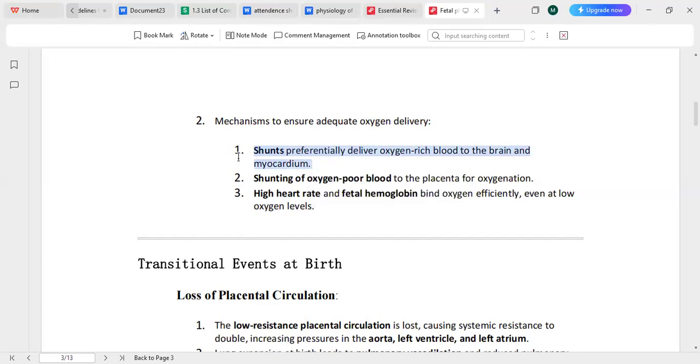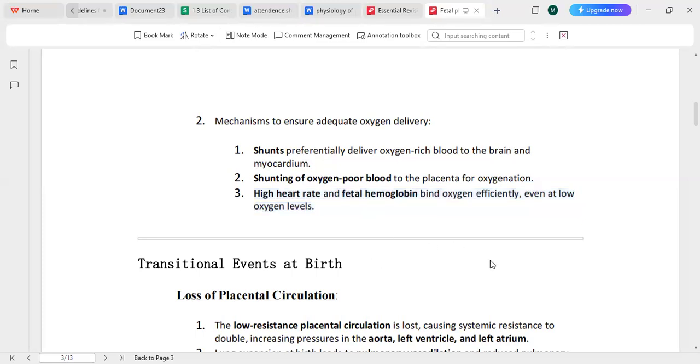One purpose of the shunt is the shunting of oxygen-poor blood to the placenta for oxygenation, along with a high heart rate and fetal hemoglobin's oxygen binding capacity. It is very efficient. Even at low oxygen levels, fetal hemoglobin has a higher capacity for catching oxygen and providing it to two very important organs, the brain and myocardium.